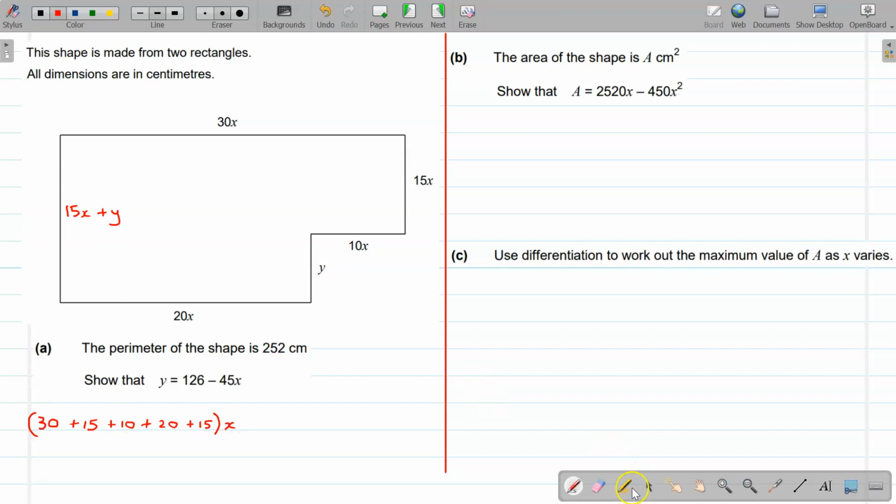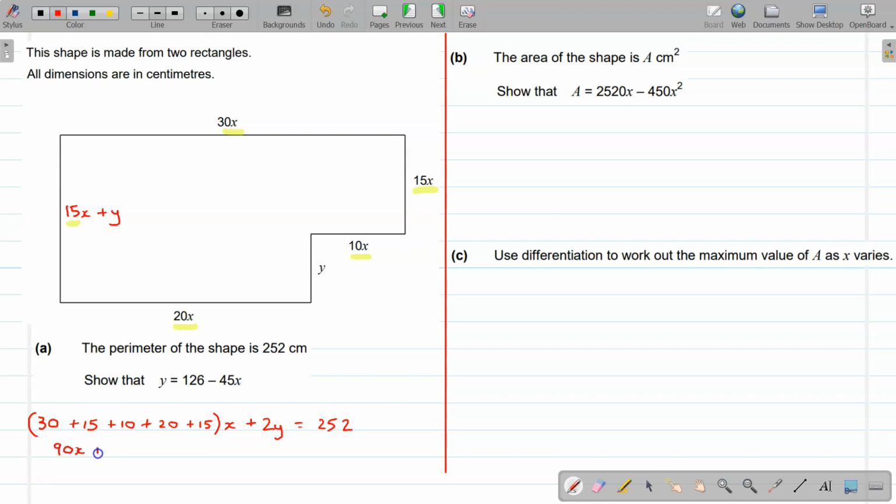So what I've done is taken these 5 values containing x and added those together. Now I've got left over a y and another y, so I've got 2y left over. So I'm making sure I've accounted for all of the lengths, and I know that that equals 252. If I combine all of this bracket together, that comes to 90x plus 2y equals 252.